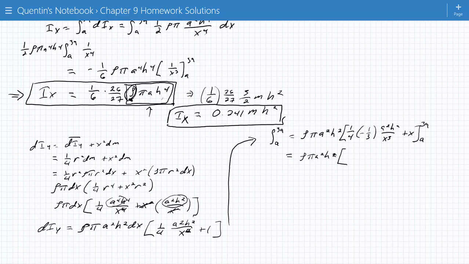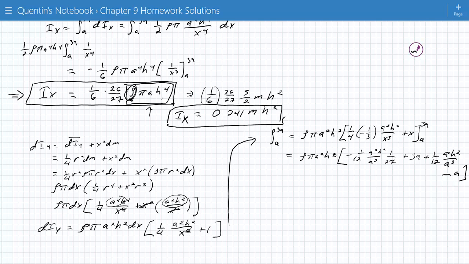Inside here, you end up with minus 1/12 a squared h squared over a cubed times 1/27 plus 3a, all that minus, so the minus and minus is going to be a plus 1/12 a squared h squared over a cubed minus a. Sorry about the mess.